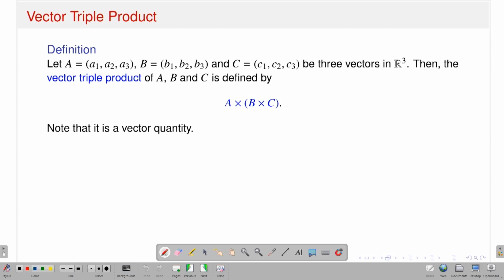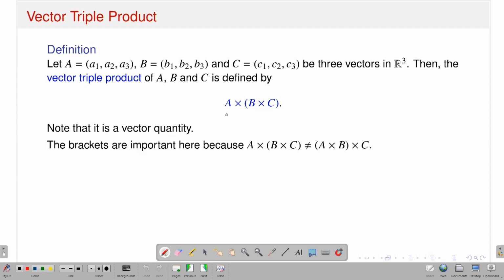Next, we move to another concept, the vector triple product. Here also this concept is between three vectors in R3. Let capital A, capital B and capital C be three vectors in R3, then the vector triple product of A, B and C is defined by A cross B cross C. So first find the cross product of B and C and then do the cross product of A with B cross C. It is a vector quantity.